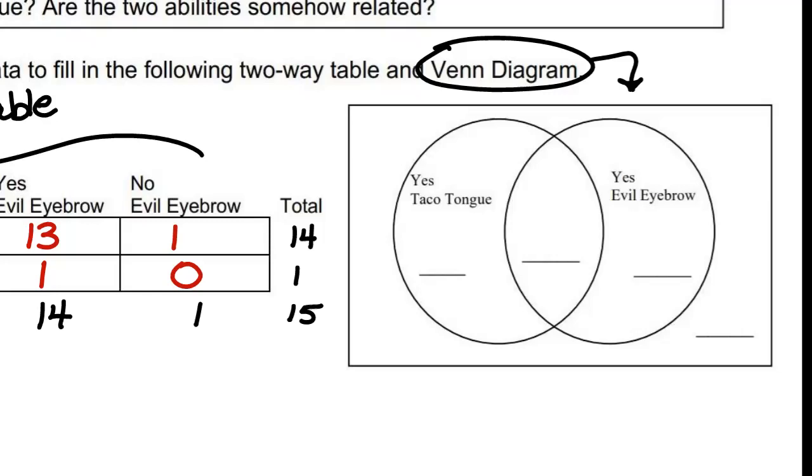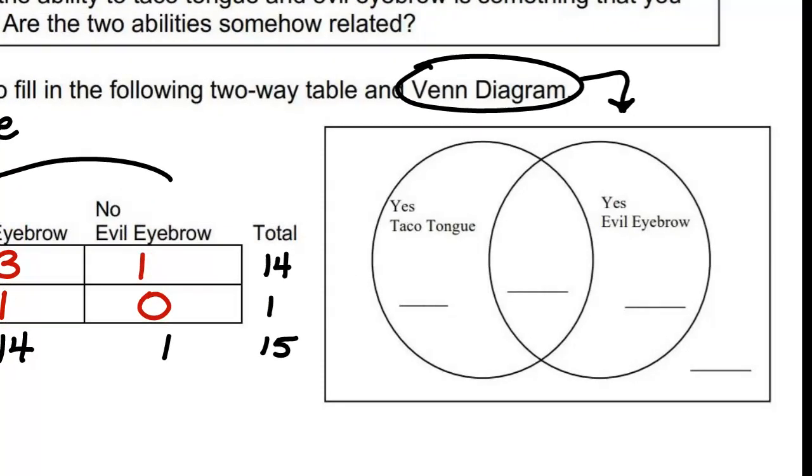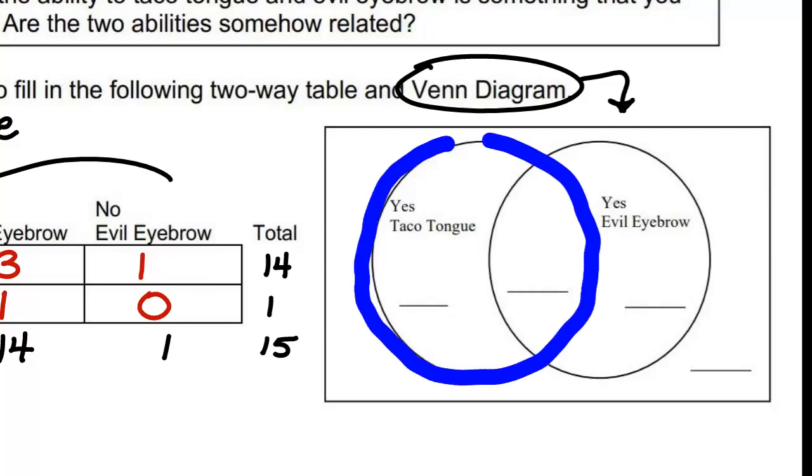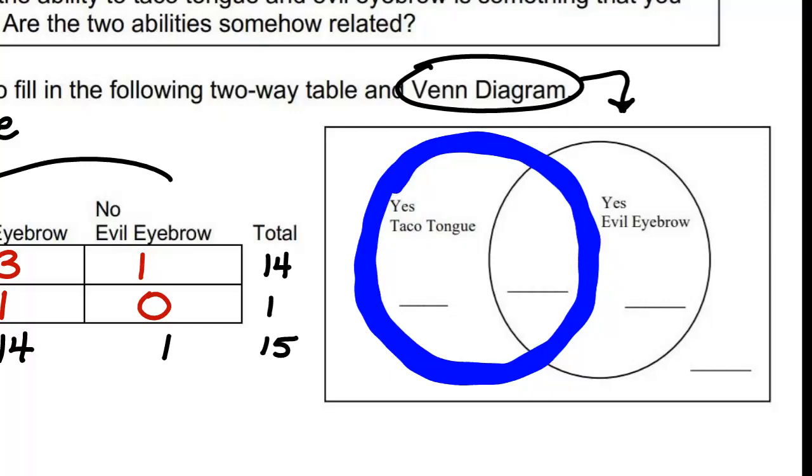When we look at a Venn diagram, this gives us a lot of information at a glance, but there's several people that I've worked with over the years that the whole thing just kind of confuses them. Anything inside this circle includes all the people that answered yes to being able to taco tongue. So I would have to add these two together to get all the people that can do the taco tongue.